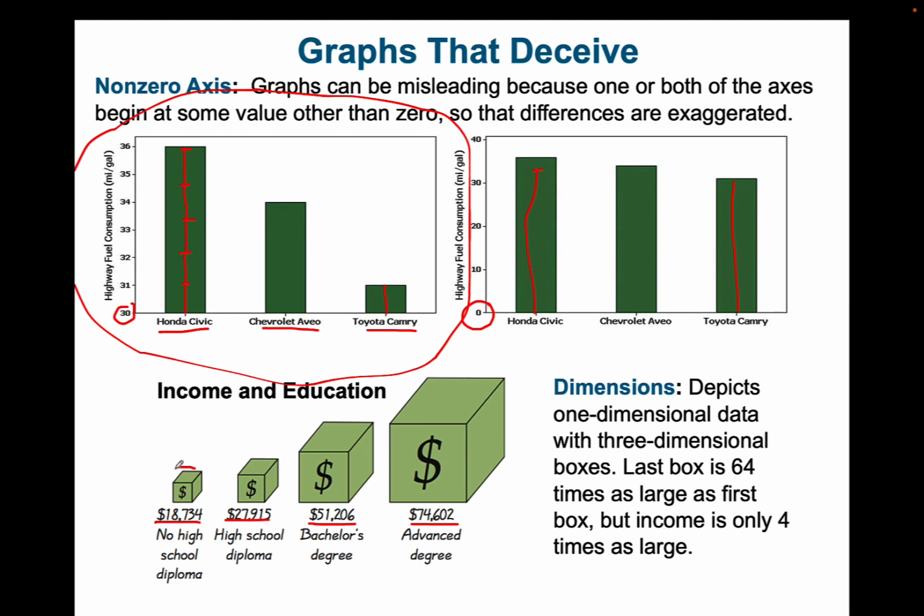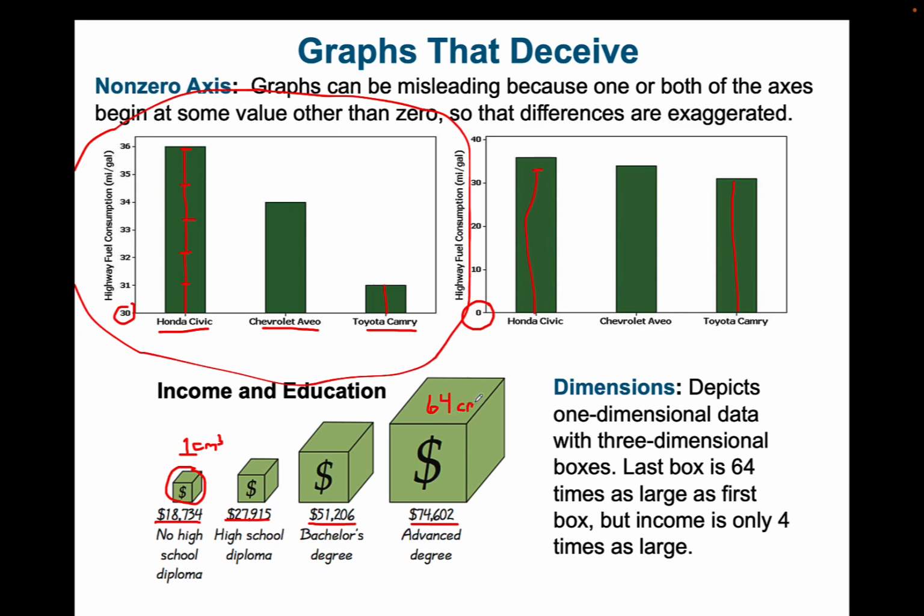Reason why, the volume of this little cube right here, okay, let's say it's a 1 by 1. So its volume would be 1 cubic centimeter if it were a 1 by 1 by 1 cube. Let's say this one were a 2 by 2 by 2, here a 3 by 3 by 3, and here a 4 by 4 by 4. The 4 by 4 by 4 would have a volume of 64 cubic centimeters.